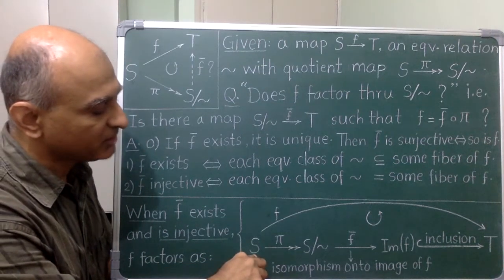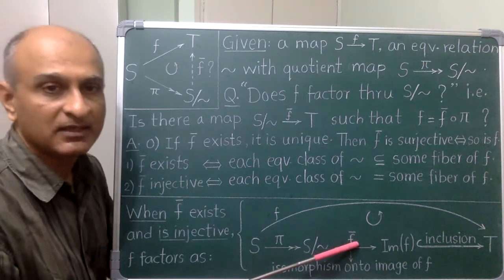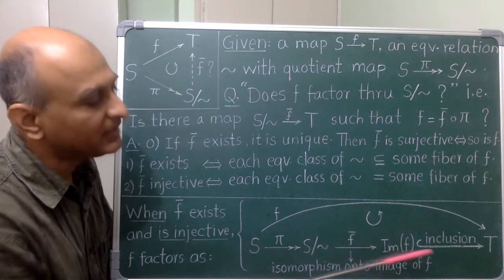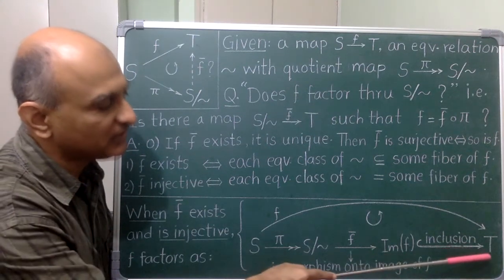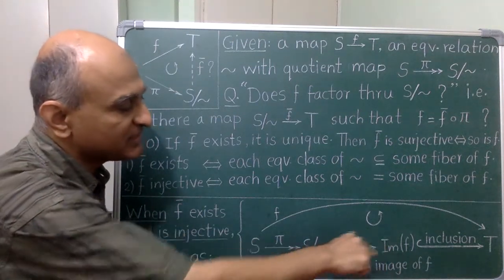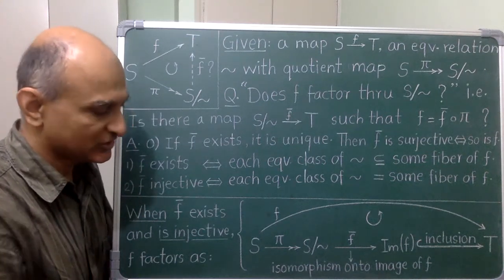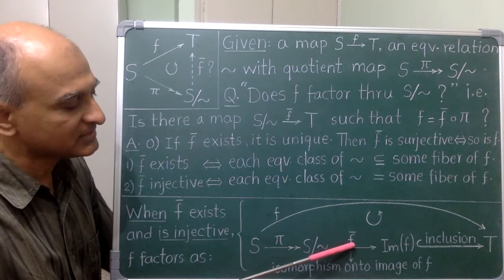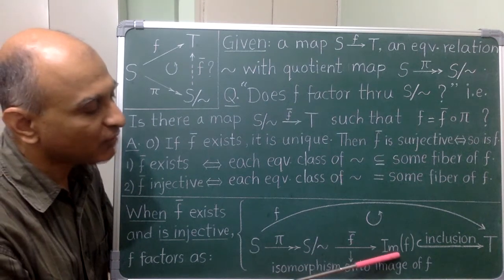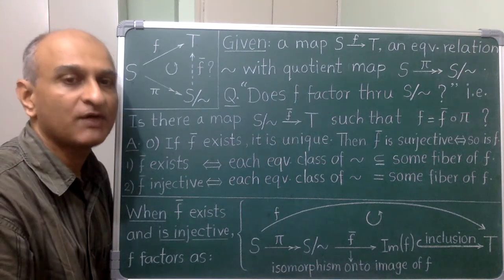First take the quotient map from S, follow it with the map f bar regarded as a map onto the image of f, followed by the inclusion of this image into the target set. It is easy to see that the composition of these three maps is exactly the given map f. Notice also that when regarded like this, the map f bar is both injective and surjective onto the image of f. In other words, it is an isomorphism of sets.